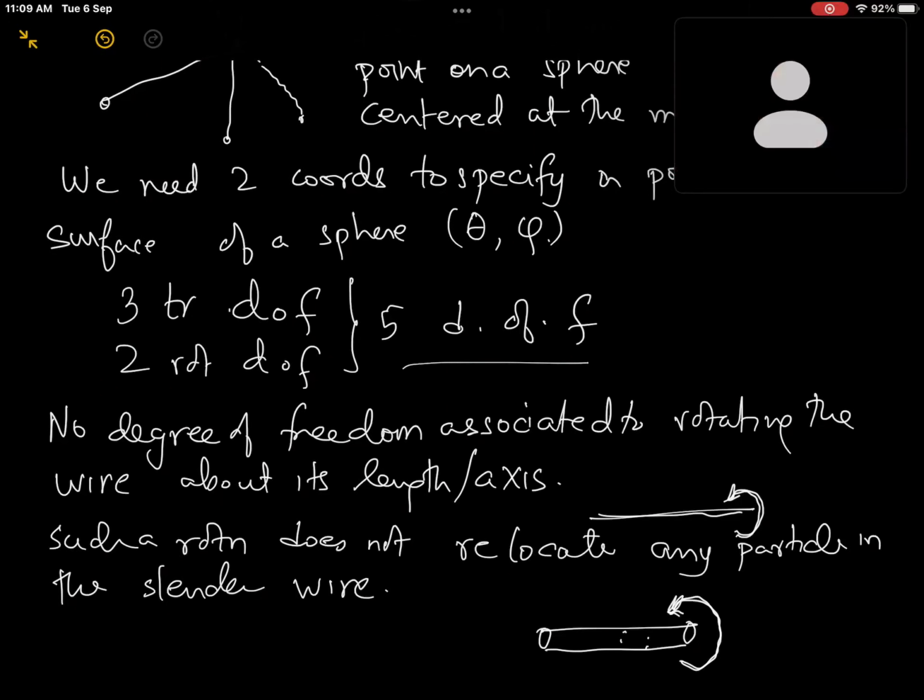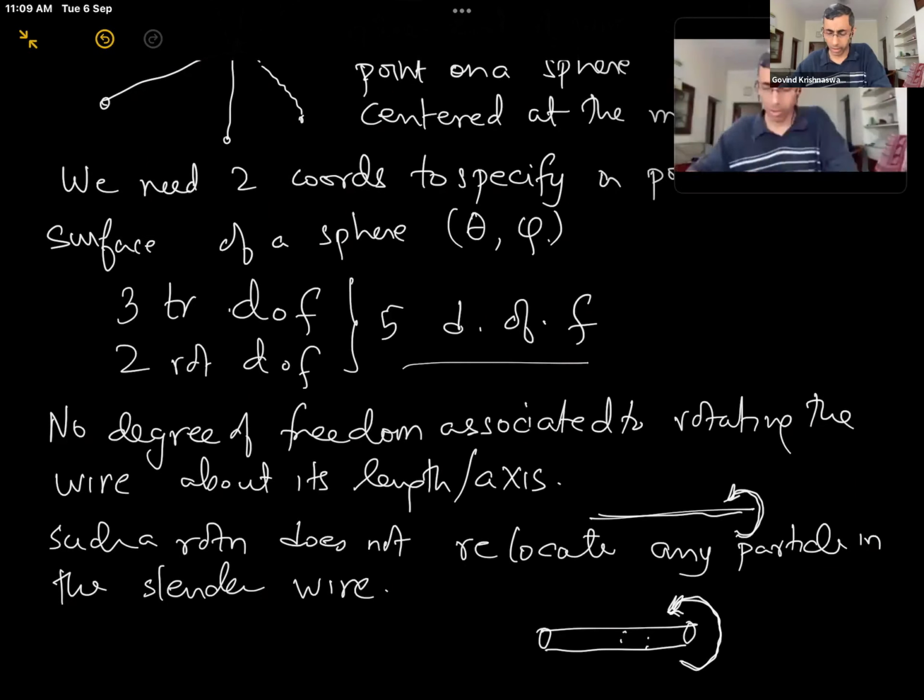Suppose we enumerate the degrees of freedom as x, y, z, theta, phi, where x, y, z are normal Euclidean coordinates, and theta and phi are spherical polar coordinates. Will we be getting marks if we don't explicitly mention that there are three translational degrees? Yeah, that's fine. As long as you tell us what they are, you don't need to use the terms translational and rotational. That's acceptable.